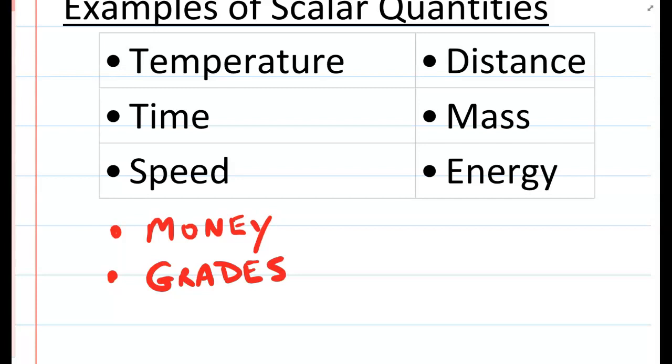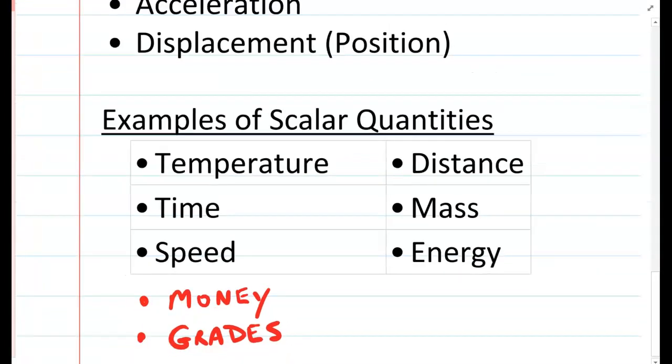You might say my grade is going up or my grade is going down, but your meaning of the words up and down isn't physical direction. Your meaning there is increasing or decreasing. My grade has increased or decreased. So your grades also are scalar quantities.